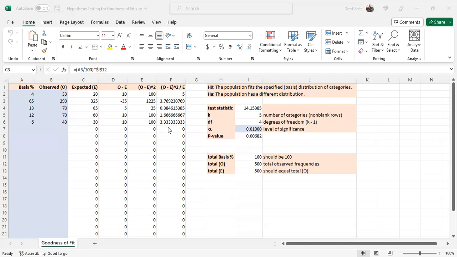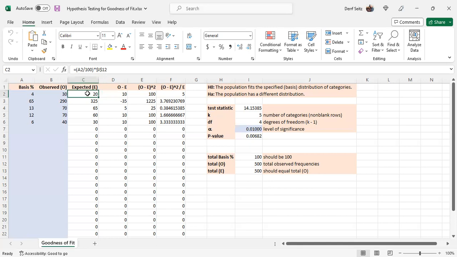The only other thing you will need to enter over here is the level of significance for your test. For this example, it's 1%, and it's shown with 5 decimal places of precision for ease of comparison to the p-value. All the cells in white are calculated automatically based on this input data.